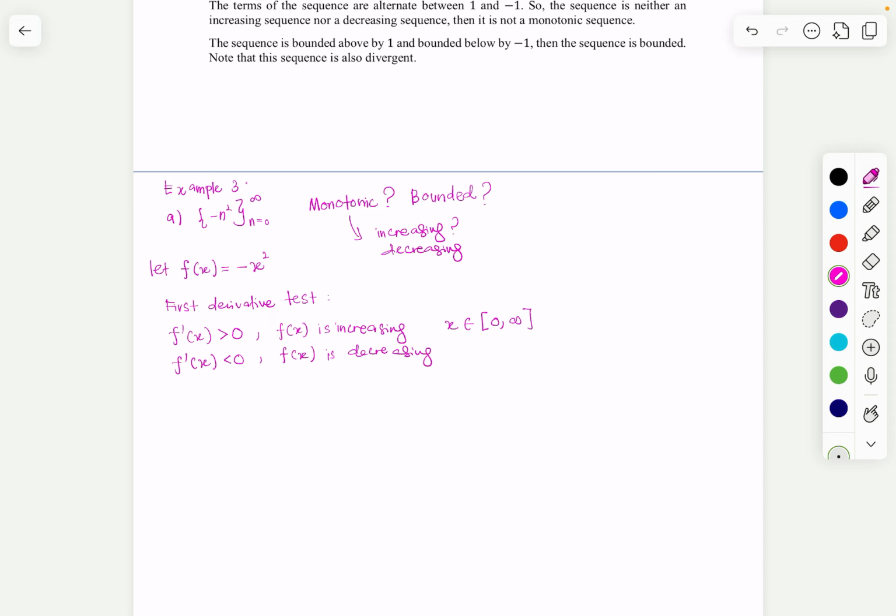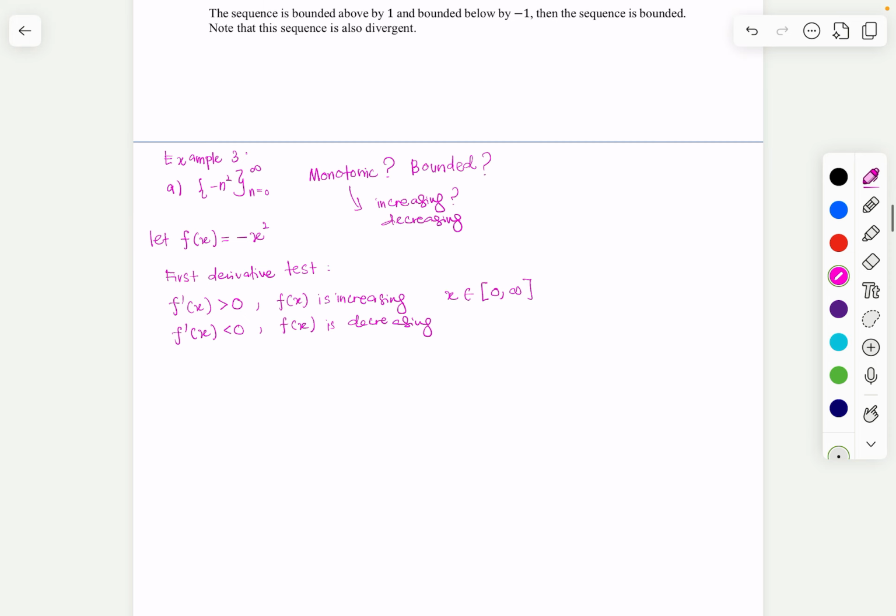Let us check this one. We find the first derivative of the function first. The first derivative of the function negative x squared: you differentiate this and you get negative 2x. Now you know this x is between 0 and infinity, so we plug any number inside this interval into the first derivative.